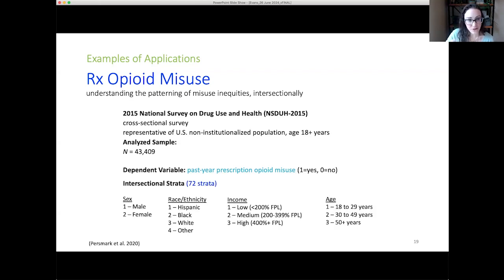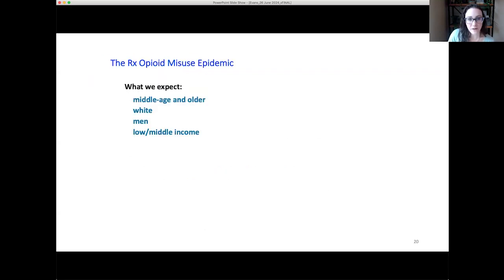I had 72 strata here. So fairly simple kind of variables that you might find in any large survey. Unfortunately, we didn't have a really rich measure of gender, but we did have sex, race, ethnicity, income brackets, and age. So 72 different combinations that we could look at.